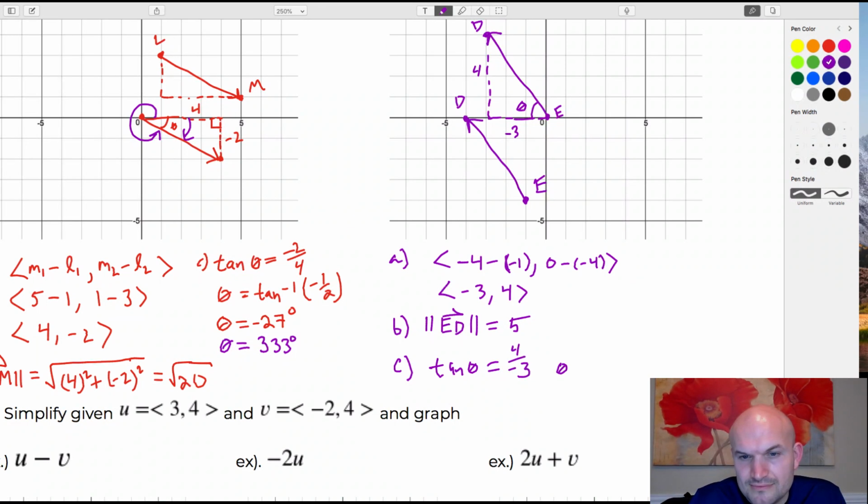Therefore theta equals the tangent inverse of -4 divided by 3, or 4 divided by -3, doesn't really matter. That gives me -53 degrees because this angle is in the second quadrant. But theta is going to be the positive version in terms of a triangle, so this is going to be 53 degrees as I round to the nearest whole.